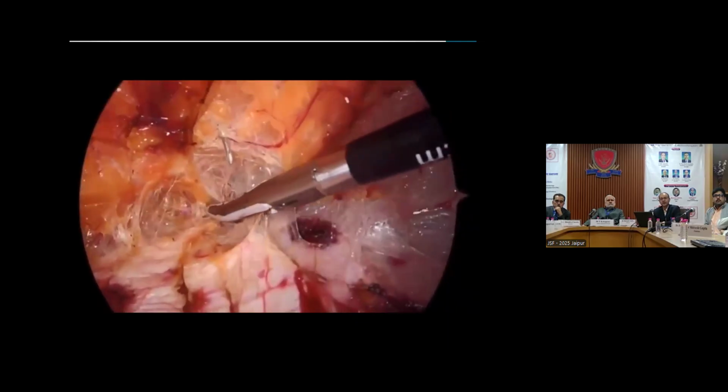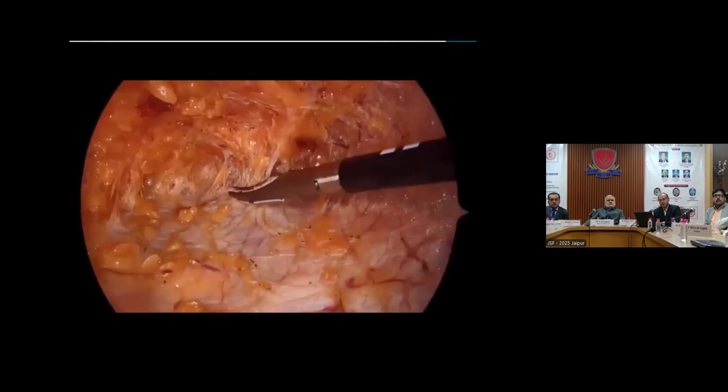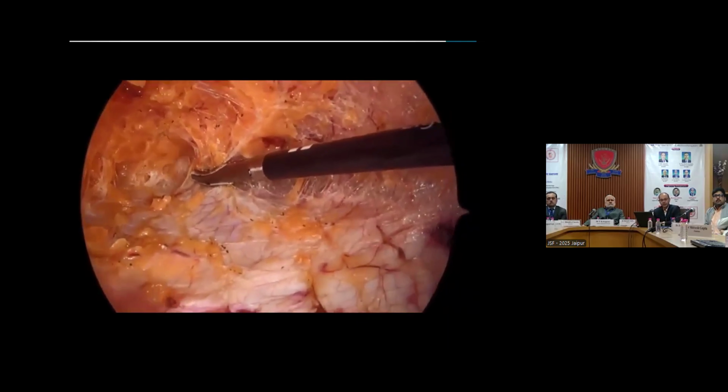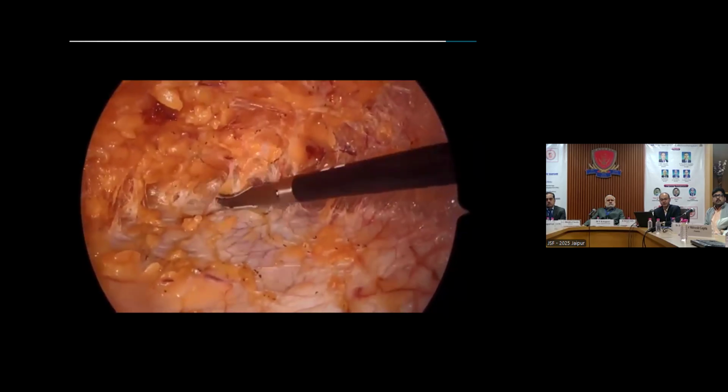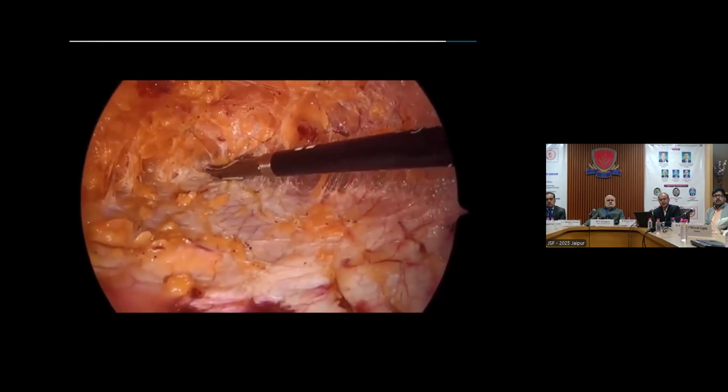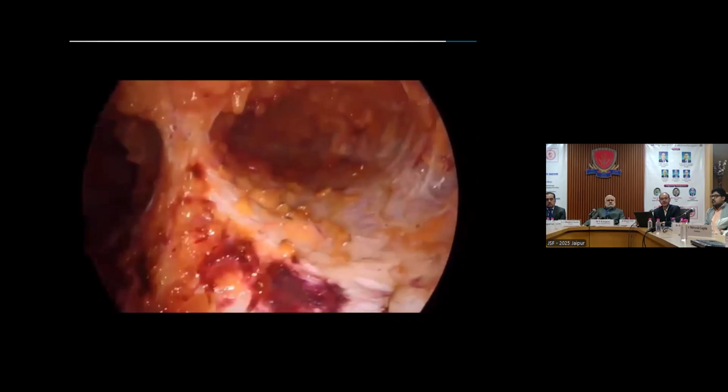It can be created by the open method or by the laparoscopic method. Here what we are demonstrating is the SCOLA technique, where a laparoscopic method is being used to create this space.